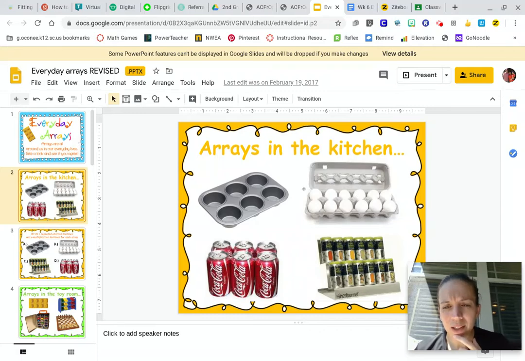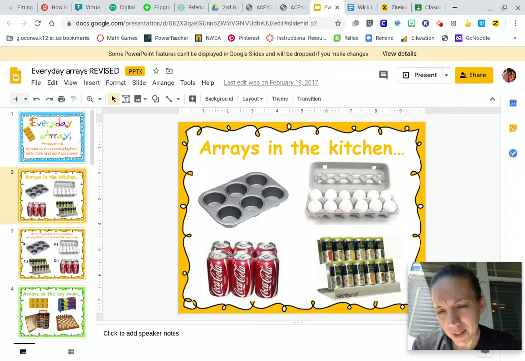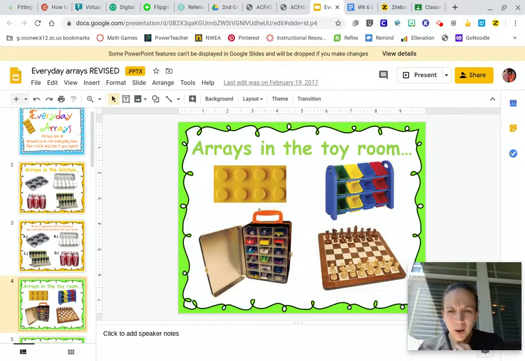So it would be like saying 6 plus 6. Or you could say 2 times 6, and it would give you 12. Let me find another one. The Lego. You've got 4 columns and 2 rows. So it would be 4 plus 4 or 2 times 4, and they both give you 8.